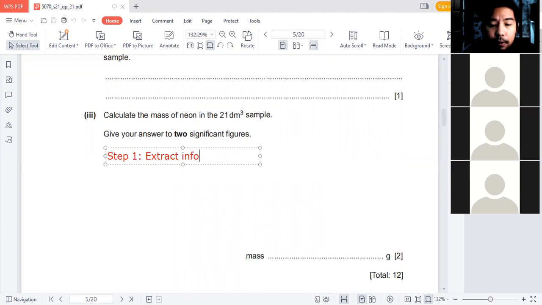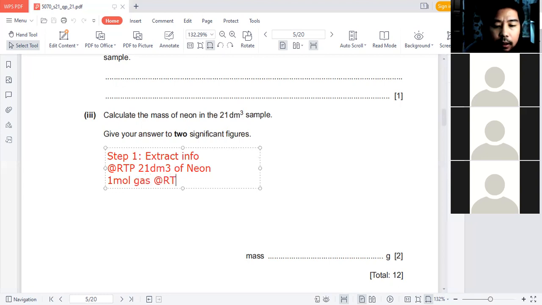It says at room temperature and pressure, there's 21 dm cube of neon. Then what else? 1 mole of gas at RTP is equal to 24 dm cube of volume. So far so good.